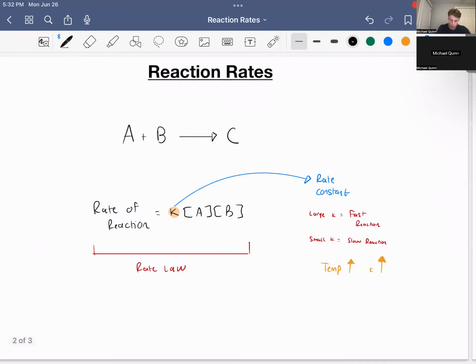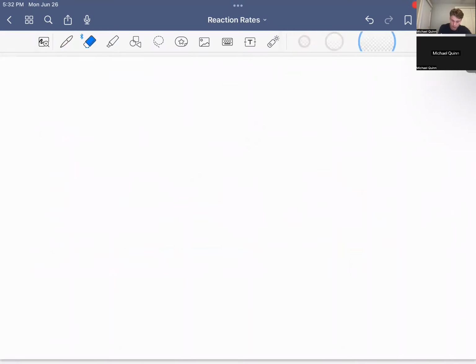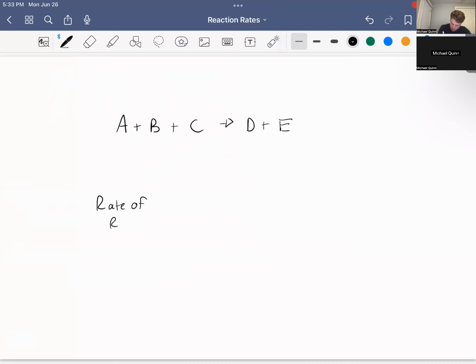So just to do one more example, if we were to have A plus B plus C goes to D plus E, the rate of reaction, you might see reaction just written as RXN, equals K times the concentration of A times the concentration of B times the concentration of C. So this would be the rate law for this reaction.